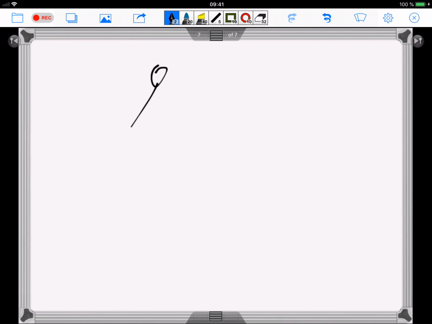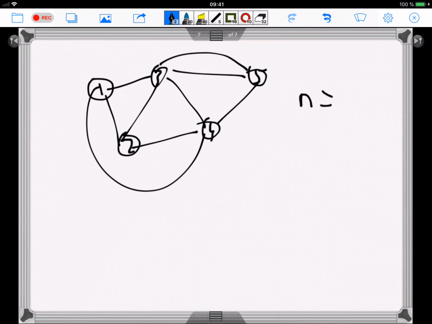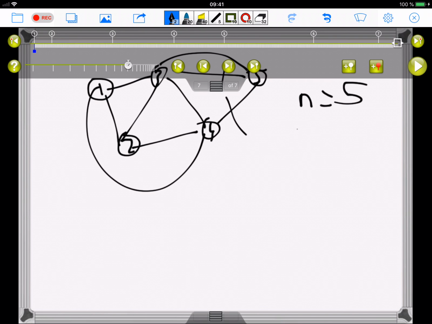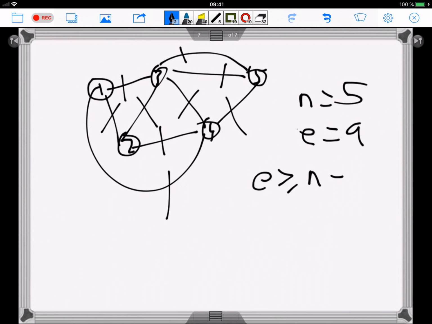So, for instance, imagine that we have a connected graph like this. I don't know, something like that, and this connected to that, and this connected to that. Okay, so now we have 1, 2, 3, 4, 5 vertices, and then 1, 2, 3, 4, 5, 6, 7, 8, 9 edges, and of course E is greater than n minus 1 in this case.